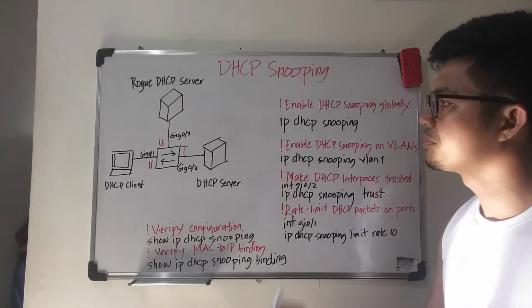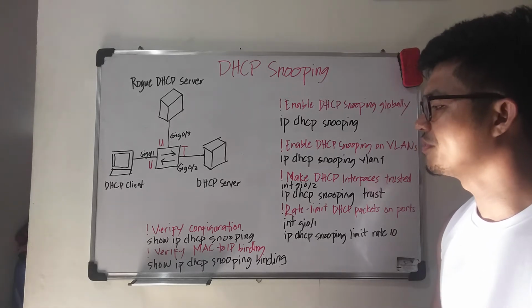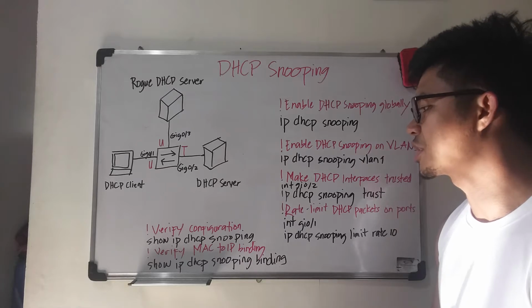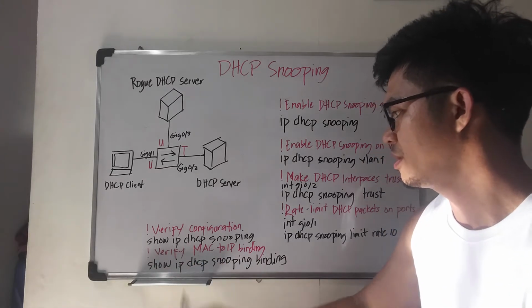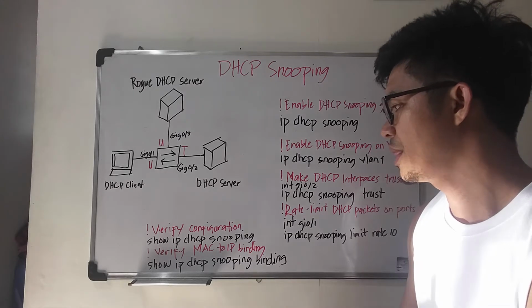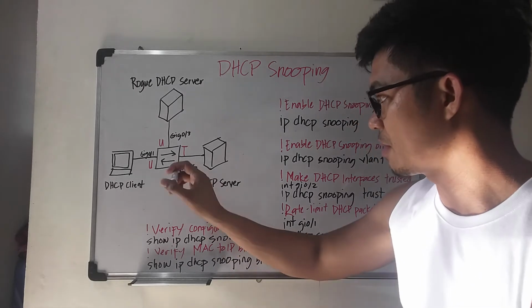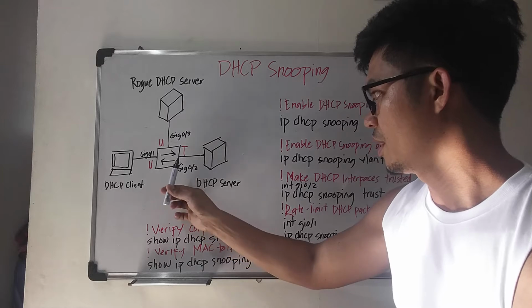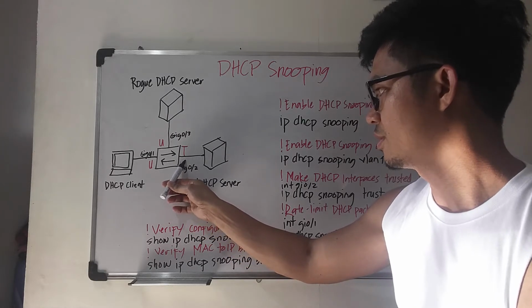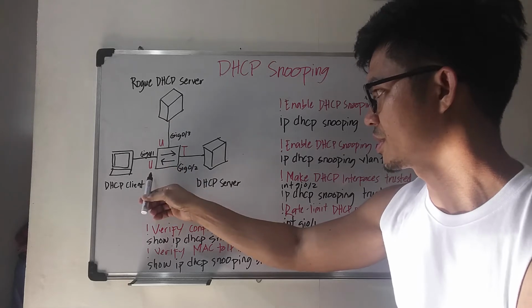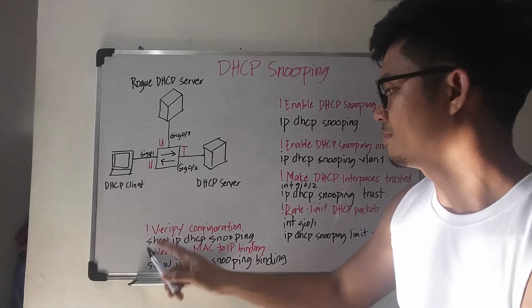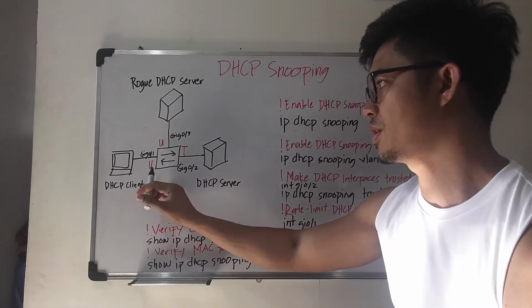And you can verify your configuration by typing in show ip dhcp snooping. You will see in the output that, in this case, this will be the trusted port, and the rest are untrusted ports.